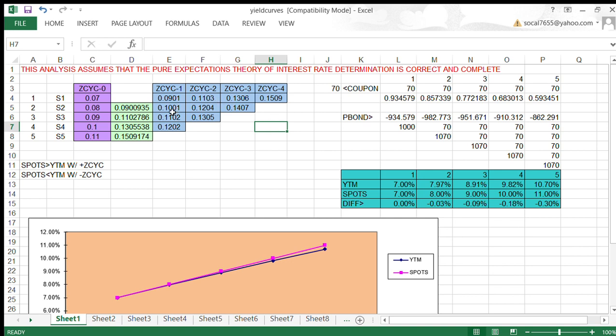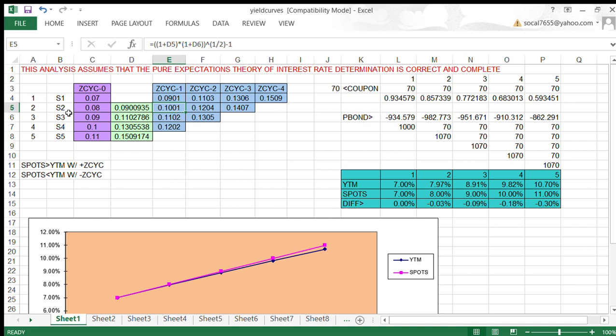Now you can go in the cells and see the 2 period spot rate expected to be in existence at date 1, based upon this zero coupon yield curve, these spot rates as they are here at date 0, and the forward rates they imply.